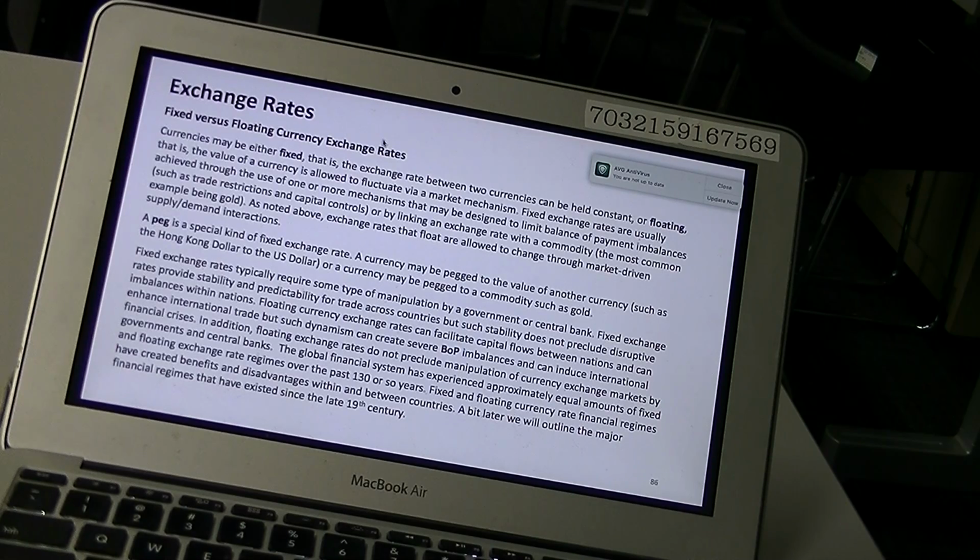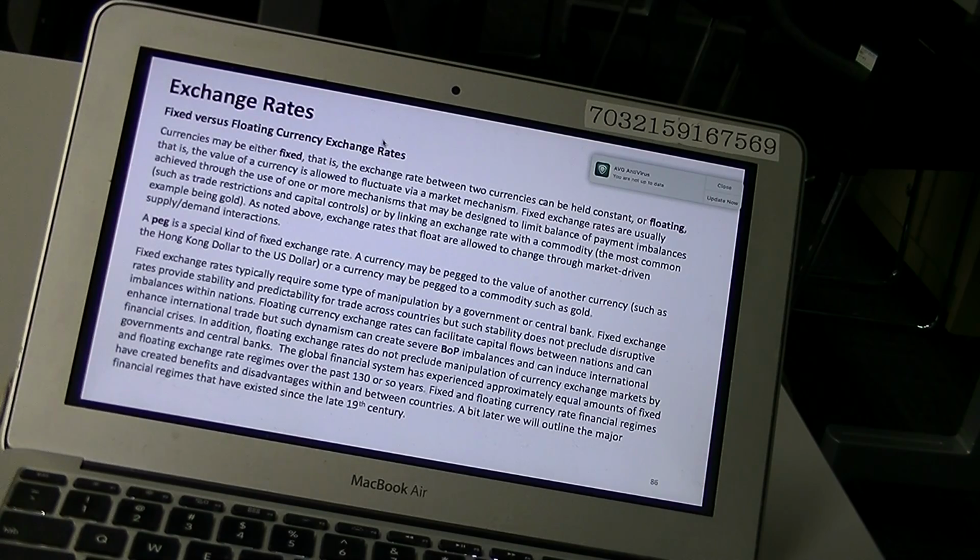The thing about a fixed exchange rate is it's achieved through the use of one or more mechanisms that may limit the balance of payment imbalance. So that's a very important thing, is that when you have an imbalance of trade or an imbalance of capital flow, then that changes the demand of one currency to another.